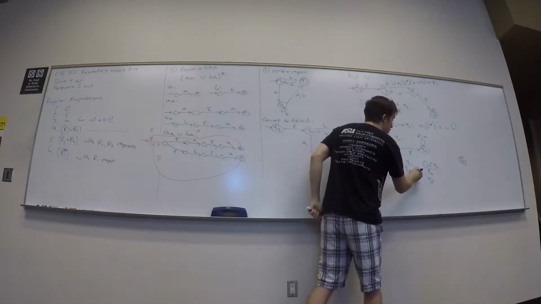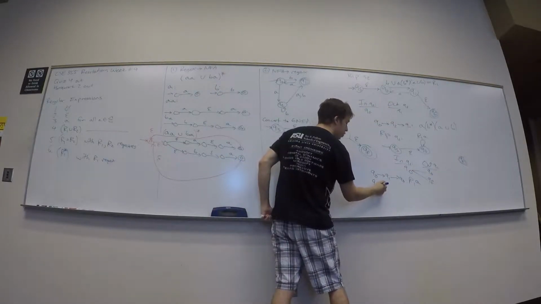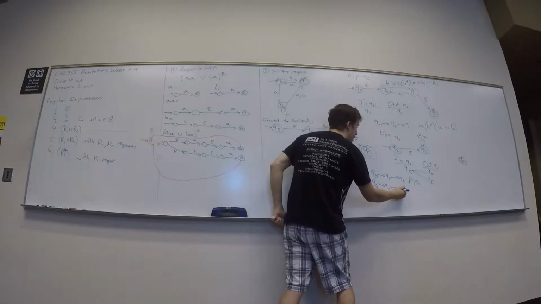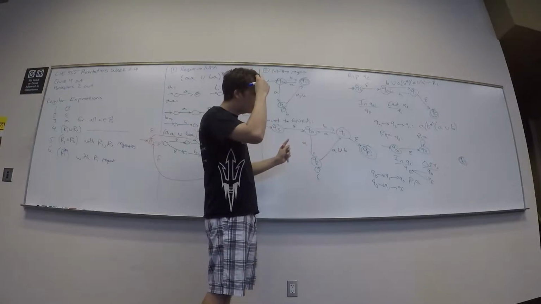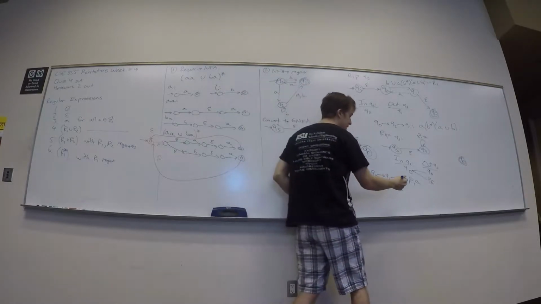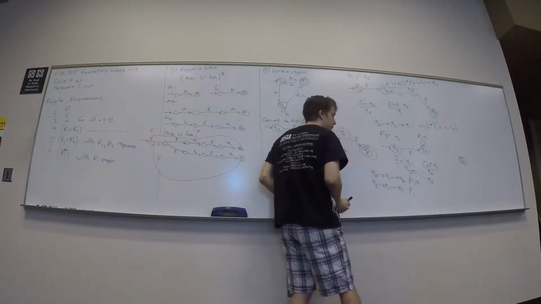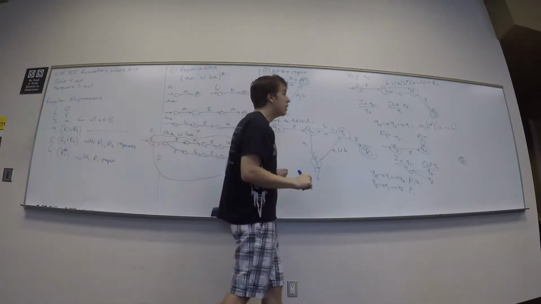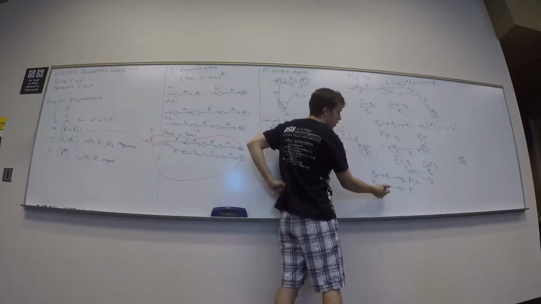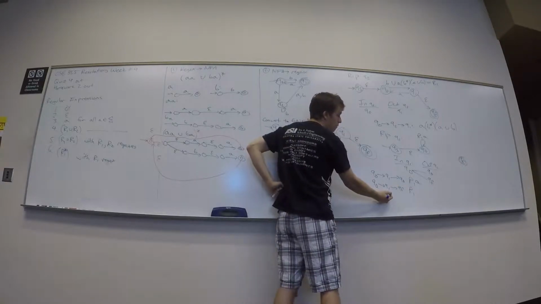Let's do Q0 to QF. So Q0 into Q1, back out to QF. I think Q0 into Q1 is still going to be the same, R1. And again, Q1 still doesn't have a loop, as far as I can tell. So we're already done with that. How do I get from 1 to F?